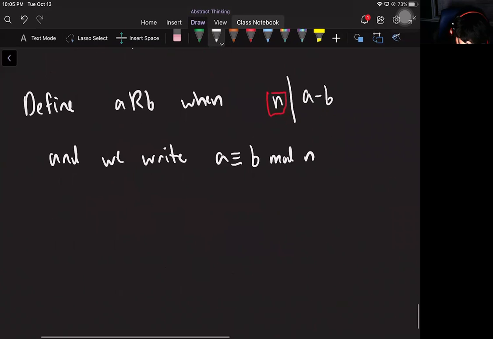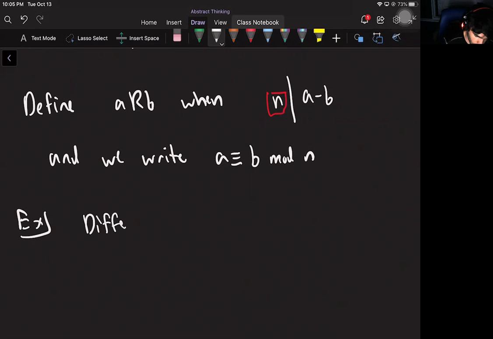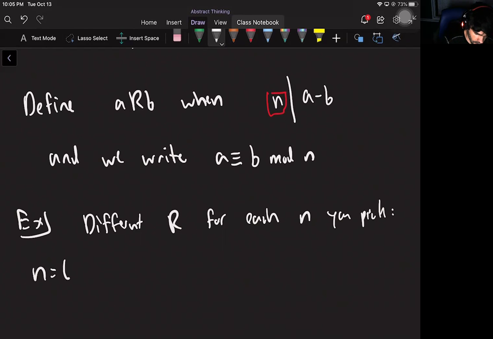Okay, so let's just go through examples, much easier. So what happens is we get a different relation for each n. So we're also going to pick an n just to start to see a more specific example. So for example, if I use 6, I'll get a certain relation.